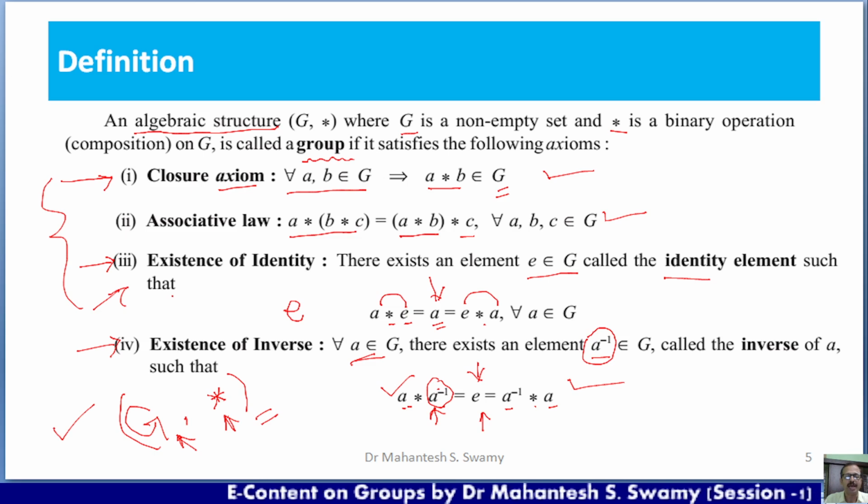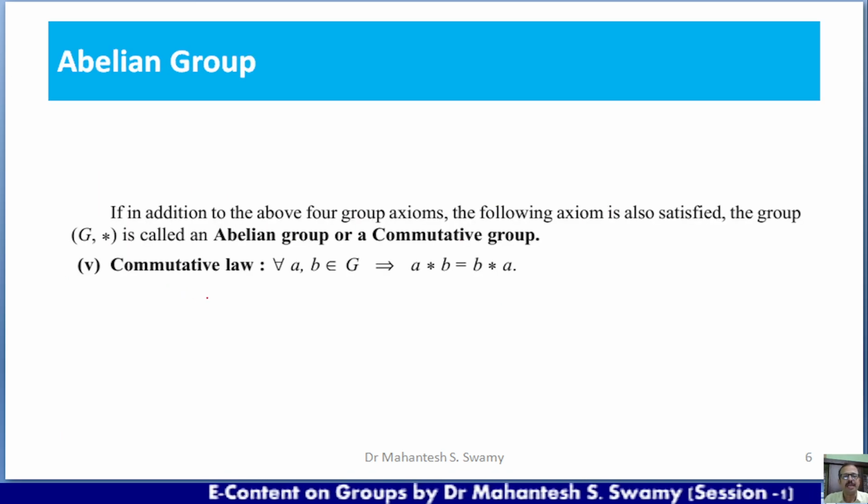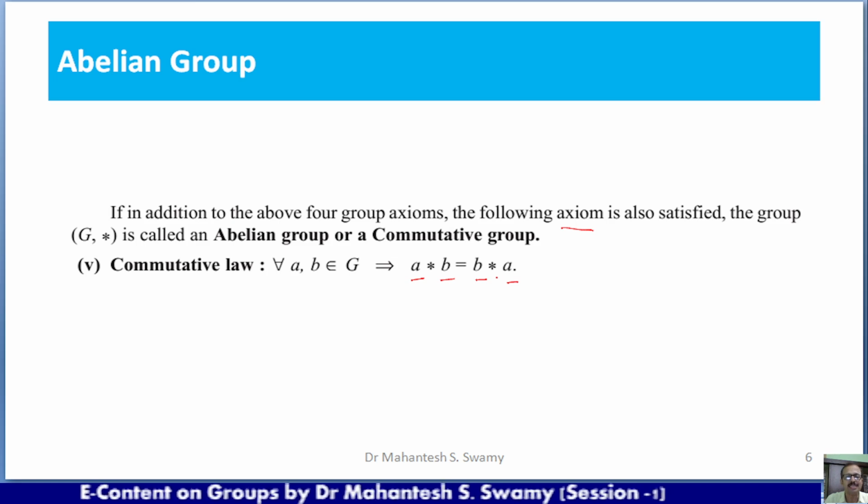This particular algebraic structure is now a group because it satisfies all these four axioms. Now, in addition to the above four axioms, suppose another axiom, which is again very simple: if you consider A star B, the answer should be the same as B star A. A star B equals B star A. If it is satisfied, then we say that the commutative property, or commutative law, is satisfied.